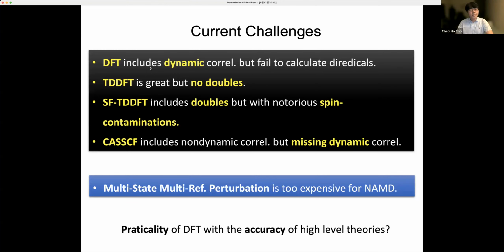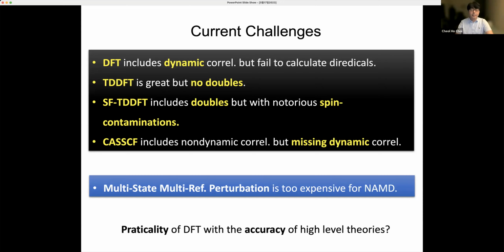First of all, DFT certainly includes dynamic correlations, but we know that it fails to calculate radicals. Therefore, people developed a theory like broken symmetry DFT. On the other hand, TDDFT is a wonderful theory for excited states, but no doubles.